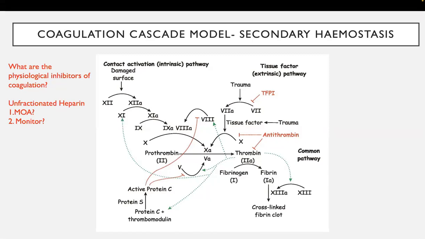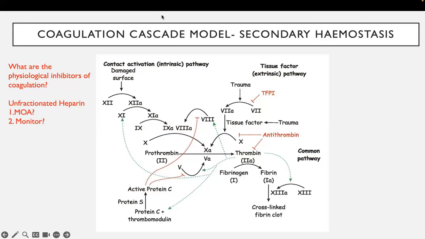Okay, so what must your INR be on a patient who you've given unfractionated heparin to before you can do a spinal on that patient? I think INR must be less than 1.5. Good, well done.